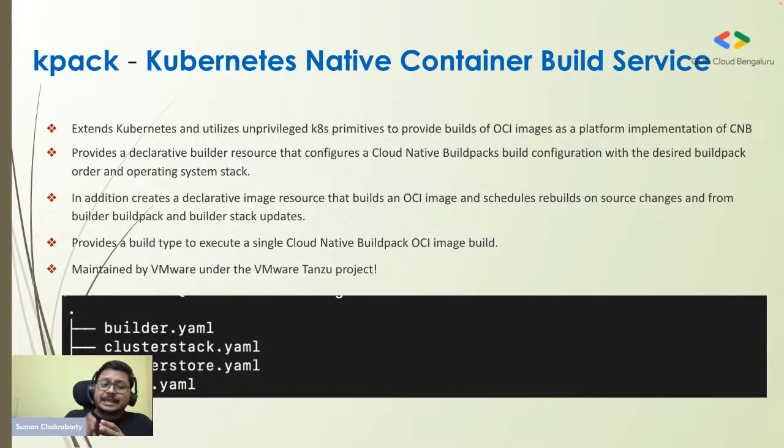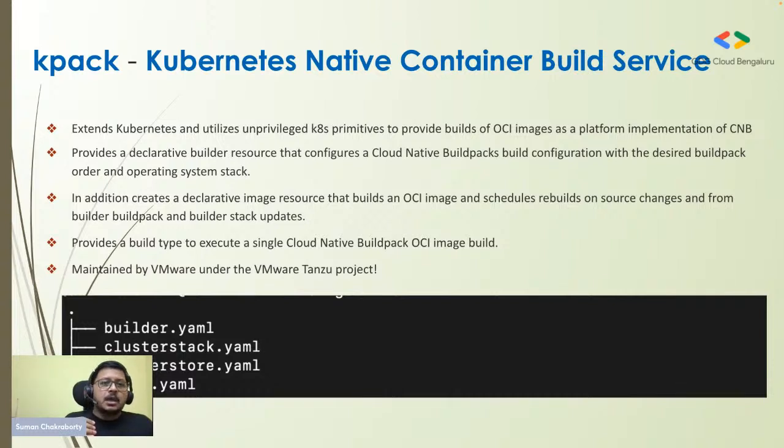Every resource that we discussed, whether it's an image, a stack, or a builder, is created as a declarative resource model through kpack. Using that, if you create a builder resource, you can declare the desired buildpack order that you are going to run for your application. Secondly, you can use an image construct to define how you're going to fetch the source code.